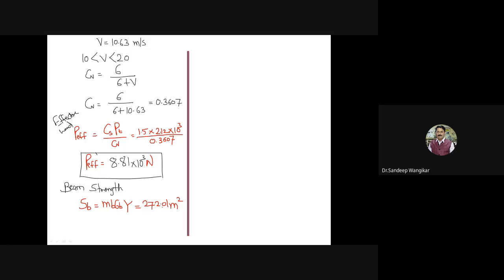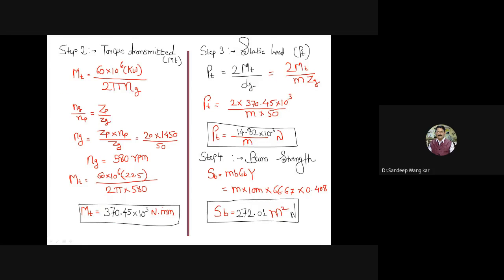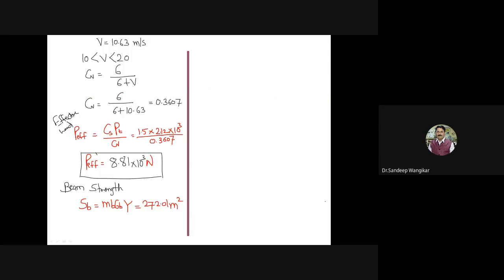This we have calculated in the beam strength equation. So here if you refer, we have calculated the value. That value I will take. I will not go for detail formula again. So SB is equal to, I will substitute 272.01 into module 7 square.